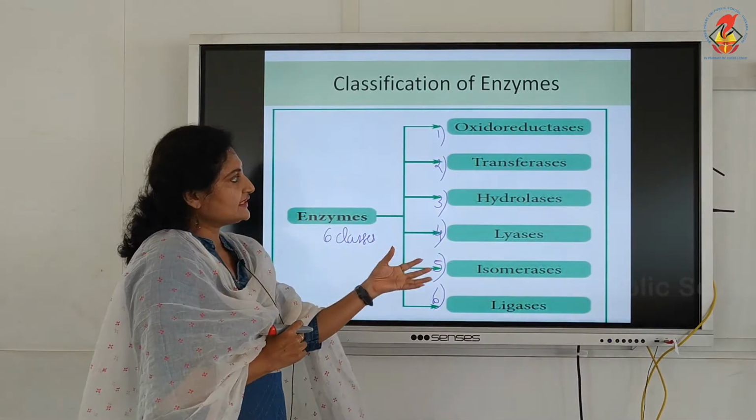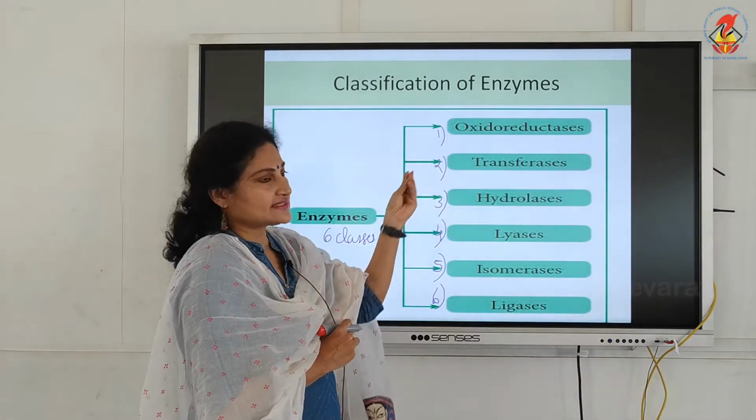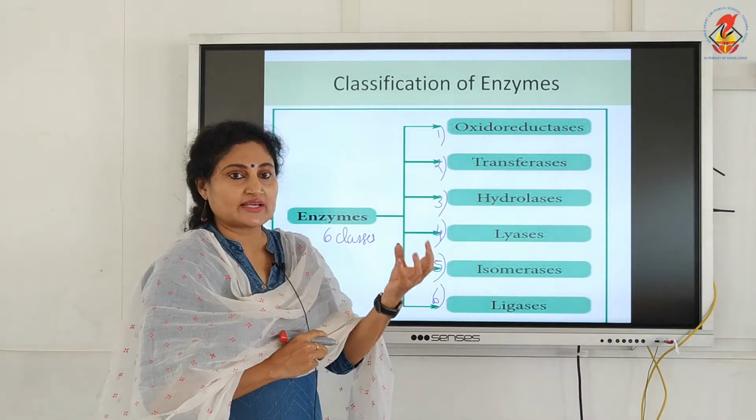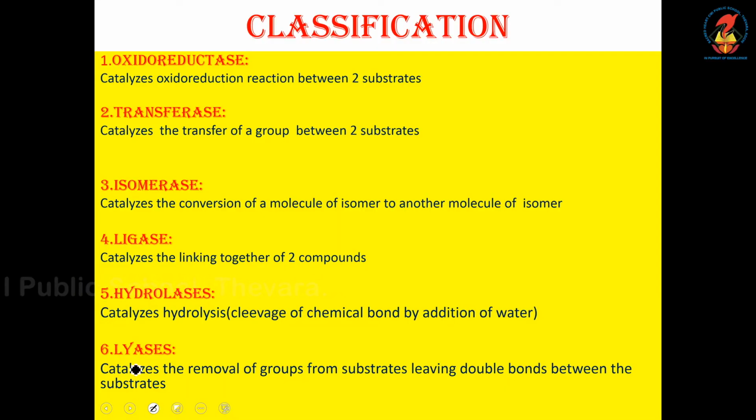So, now we will see the reactions, or basically what each class indicates, which reaction, and I am going to explain with a symbolic representation, that is a type of mnemonic. Oxidoreductase.